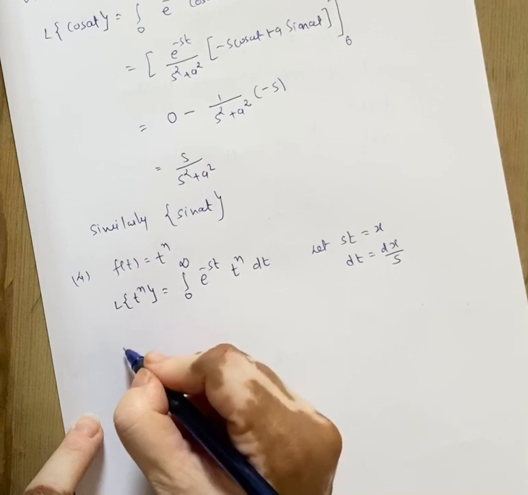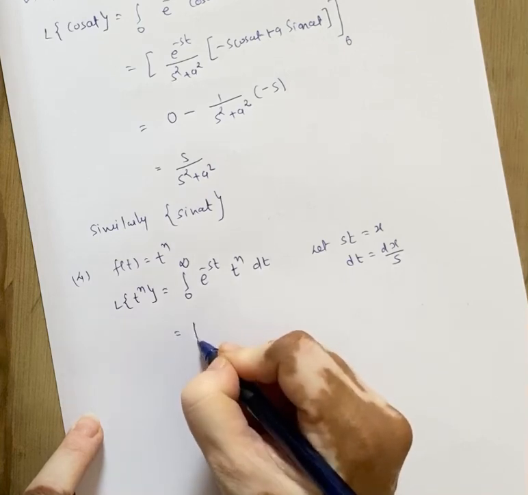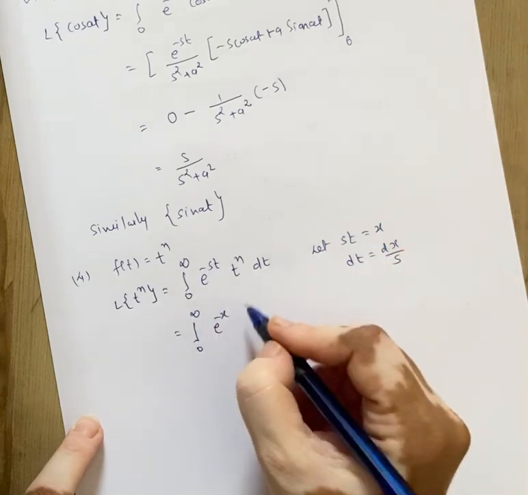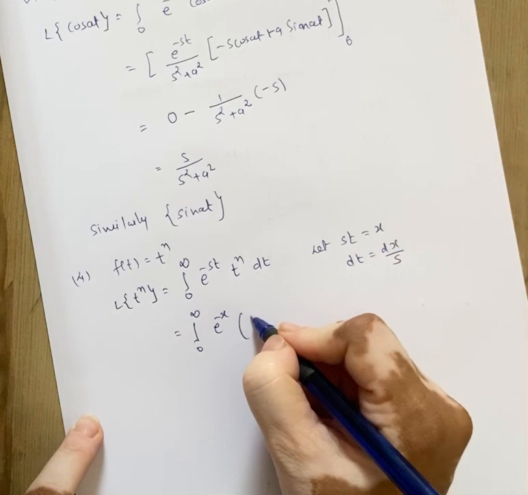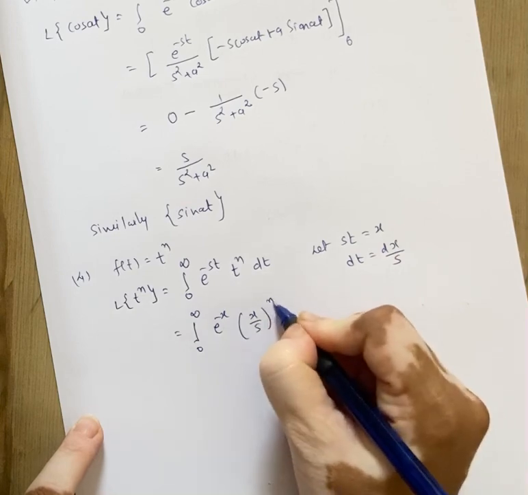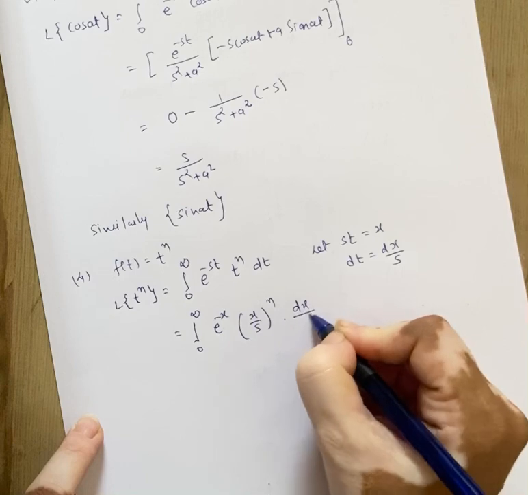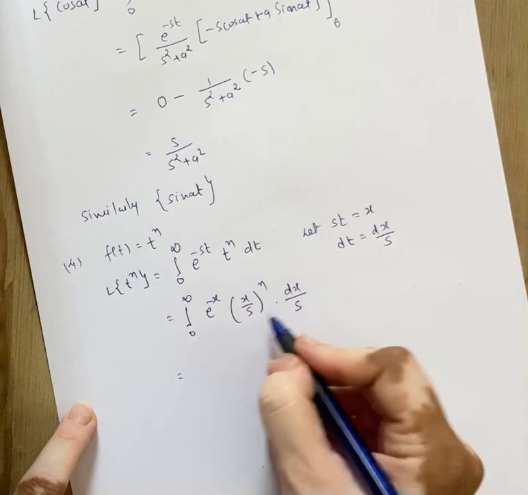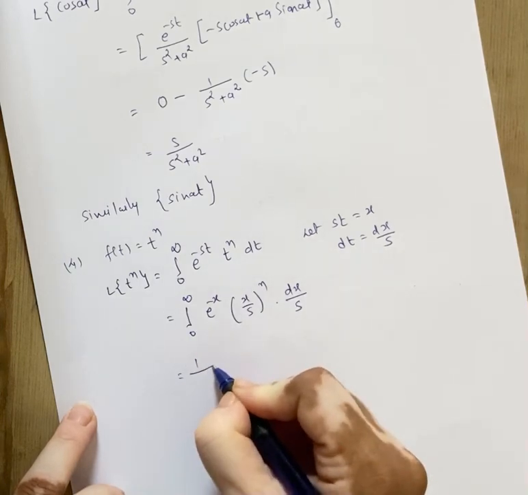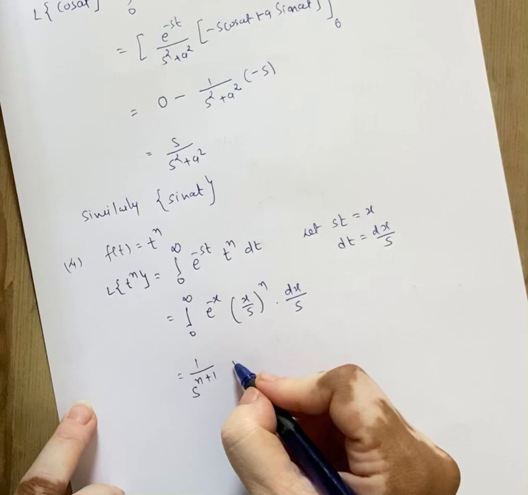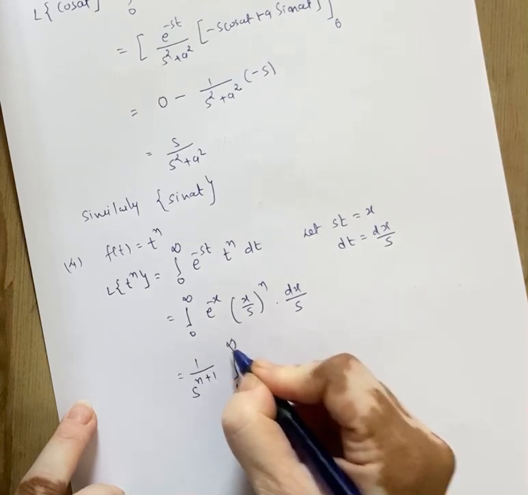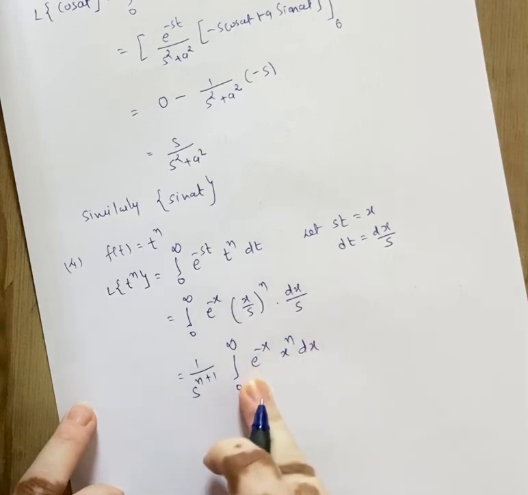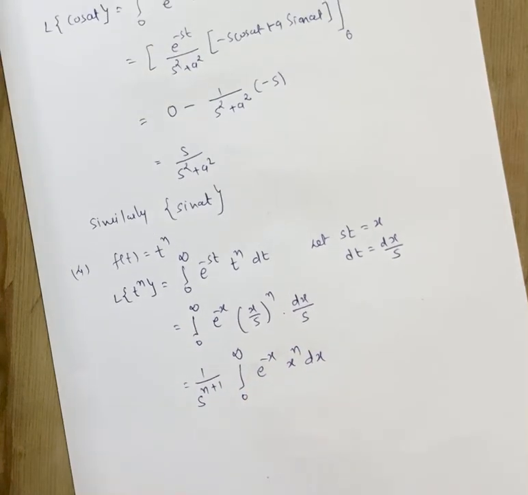So L of t raised to n is the integration from 0 to infinity of e raised to minus x, t equal to x by s raised to n, and dt equal to dx upon s. Taking s common, it is constant, so it is free from integration: 1 upon s raised to n plus 1, the integration from 0 to infinity of e raised to minus x, x raised to n dx.